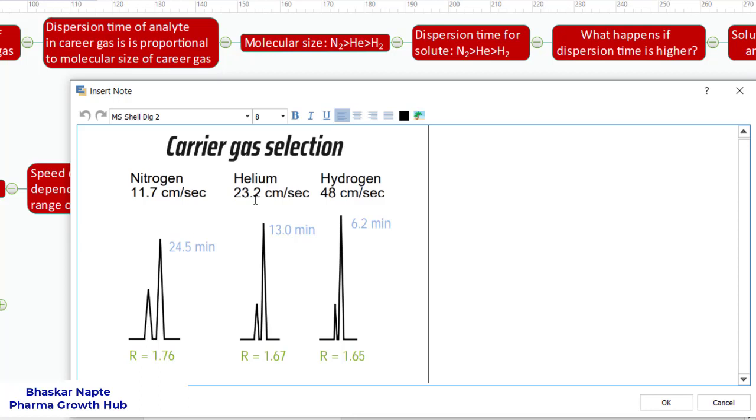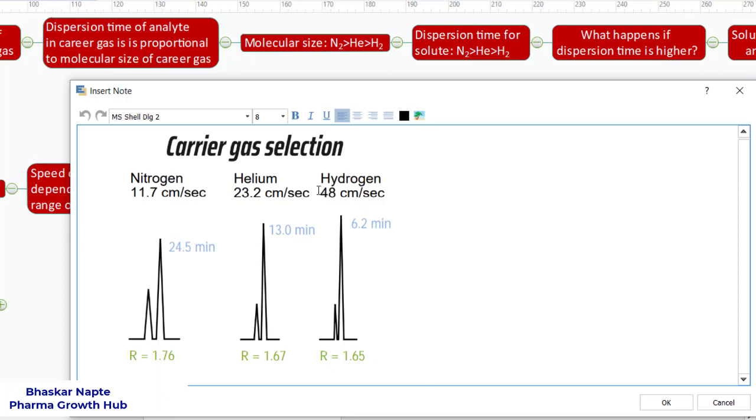Helium with 23.2 centimeter per second gives 1.67 resolution. And finally, hydrogen with 48 centimeter per second gives 1.65 resolution. Though these speeds are different, the resolution is almost one and the same. Nitrogen requires the lowest speed to achieve a similar resolution, whereas hydrogen can meet the same resolution with much higher speed.